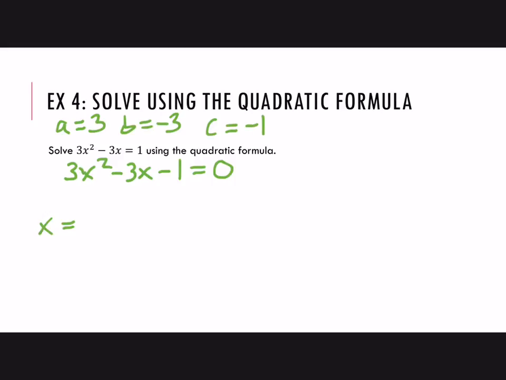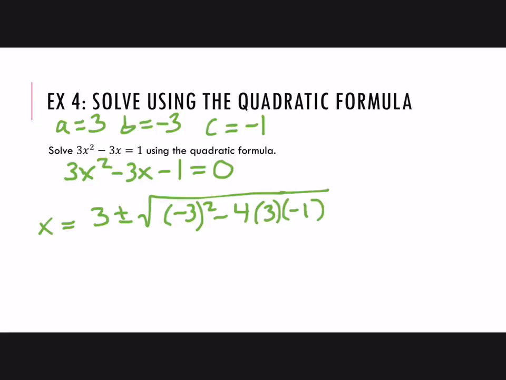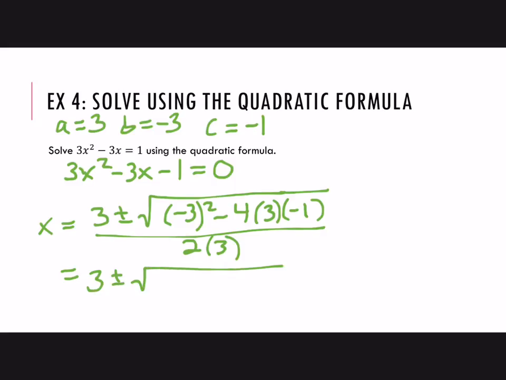So we have x equals the opposite of b plus or minus square root b squared minus 4 times a times c all over 2 times a. And we get 3 plus or minus square root 9. And then negative 4 times 3 times negative 1 is plus 12, all divided by 6.